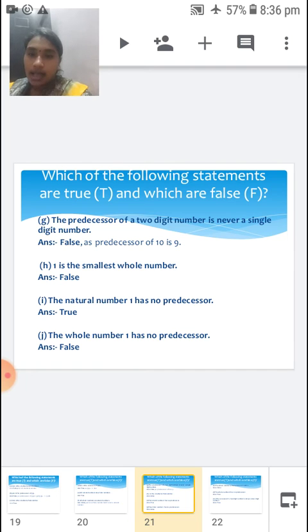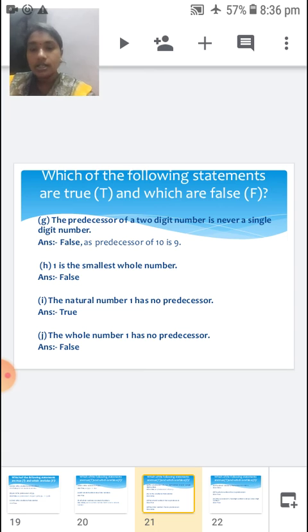So, as the predecessor of 10, for example, is 9, the answer is false. Okay. But there is one similar case where the predecessor of 10 is 9. Hence, the above statement is false.